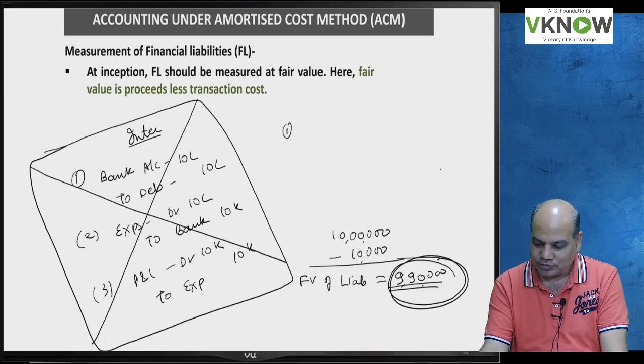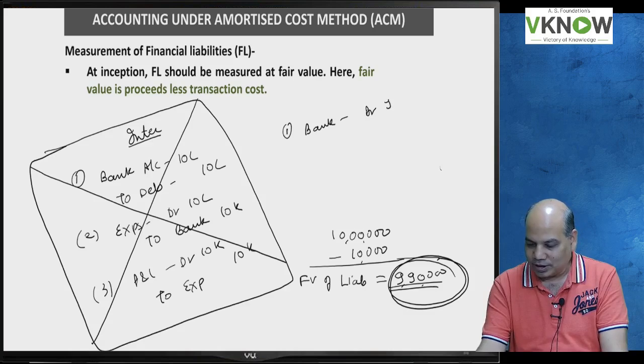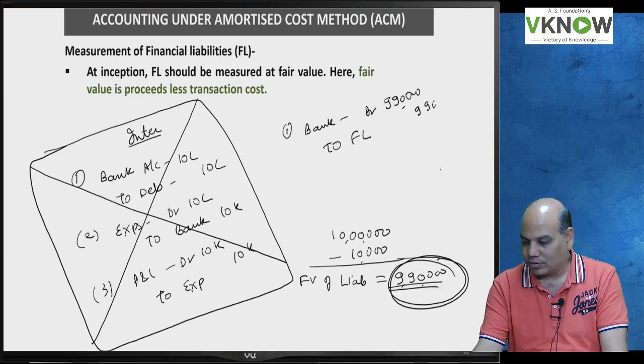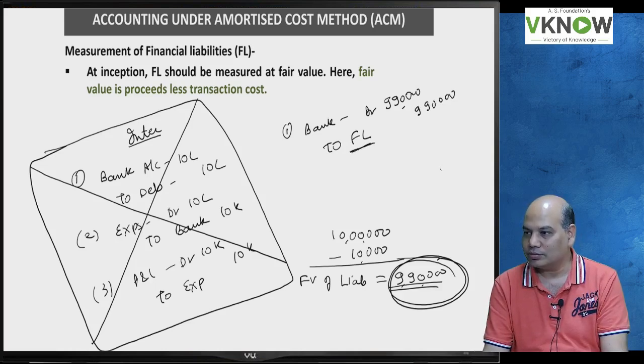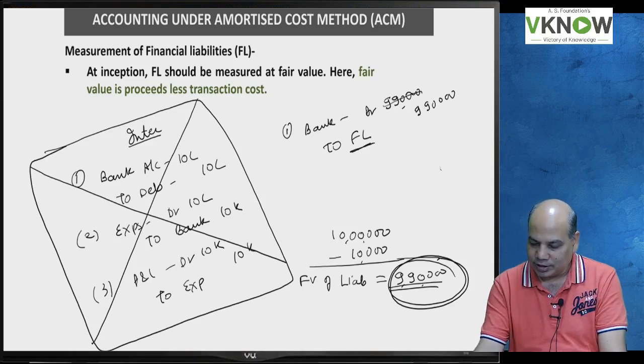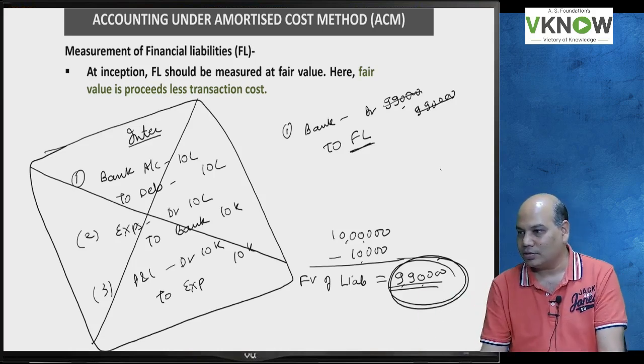Here you have to pass one entry, bank account debit 9,90,000 to financial liability 9,90,000. So my journey will start from 9,90,000 only. Or you can pass two entries with the same effect: 10 lakh, 10 lakh, and second entry financial liability to bank.